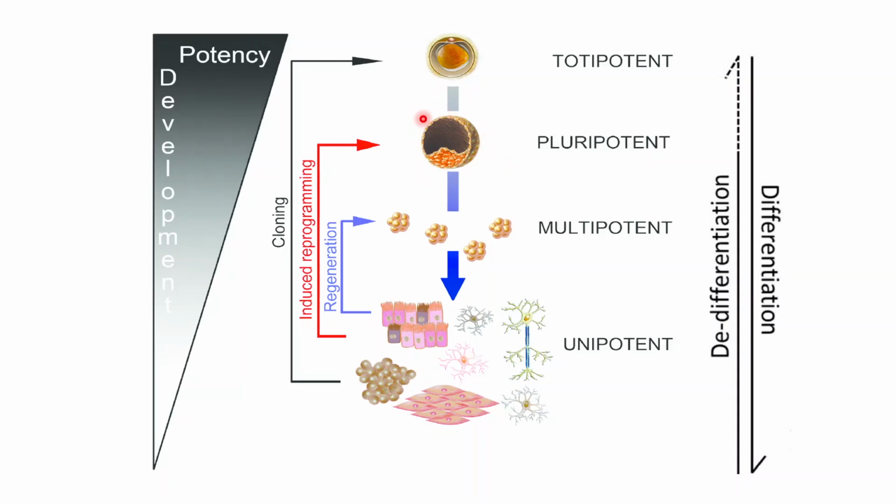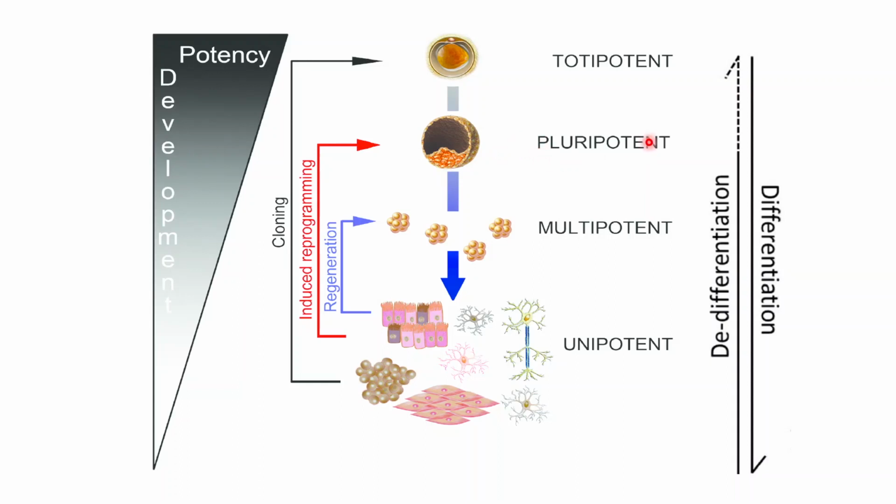So when the zygote has reached the blastula stage, it is primarily made up of two parts, that is the inner cell mass, and then we have the outer cell mass. The inner cell mass is composed of the embryonic stem cells, and the outer cell mass will give rise to the trophoblast, which will give rise to the extra embryonic tissue. These embryonic stem cells, which arise from the inner cell mass, are pluripotent in nature.